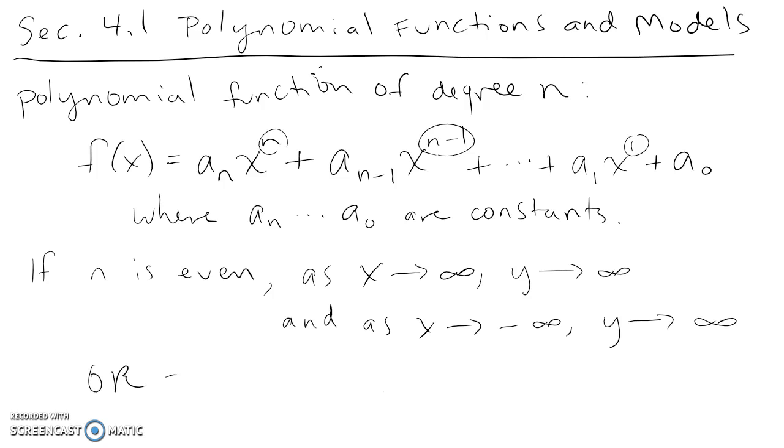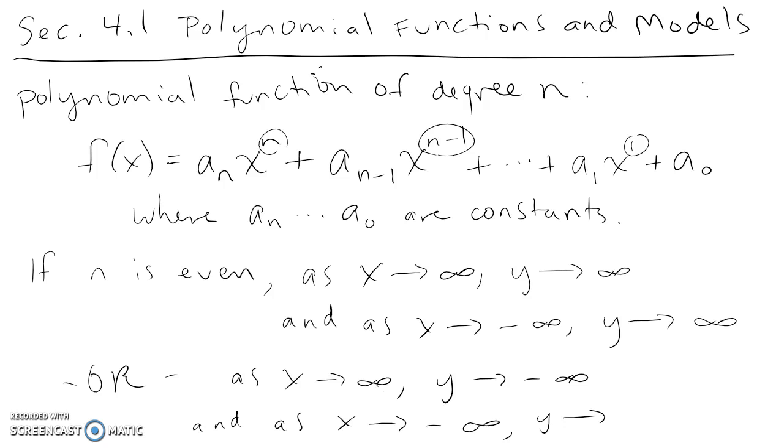Or, as x goes to infinity, y goes to negative infinity, and as x goes to negative infinity, y also goes to negative infinity. And so you might be saying, what is all of this stuff?